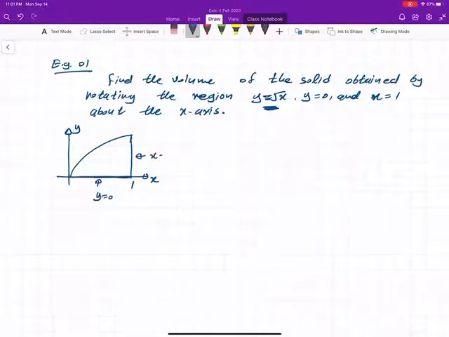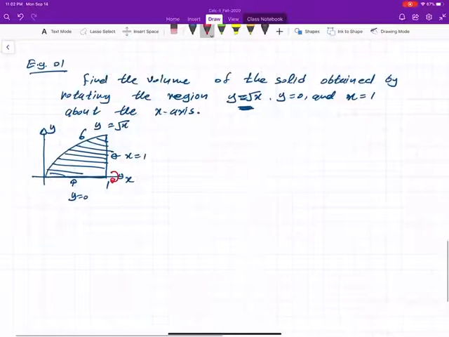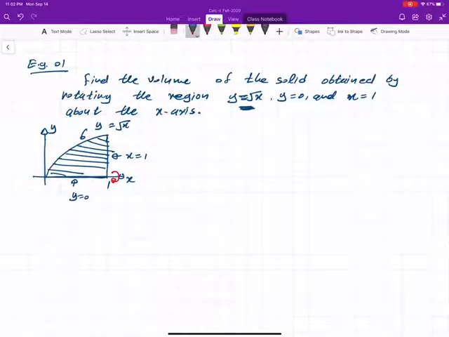This is x equals 1, and that is y equals square root of x. All right, so this is the corresponding area. We rotate this about the x-axis, and then what you get is something like this.